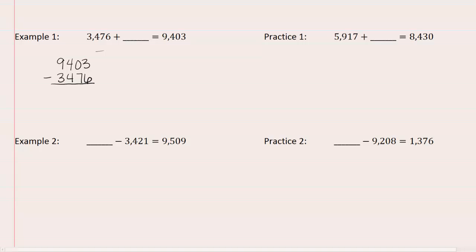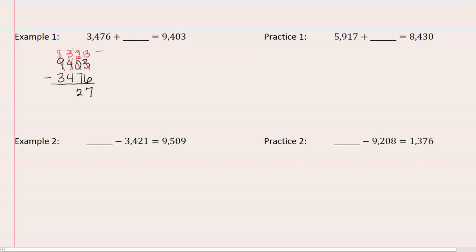So 3 minus 6, I have to borrow, can't borrow from a 0, borrow from the 4. That became a 10, so I can borrow now, and it's a 9, and my 3 becomes a 13. So now I have 13 minus 6 is 7. 9 minus 7 is 2. 3 minus 4, I can't. I have to borrow.